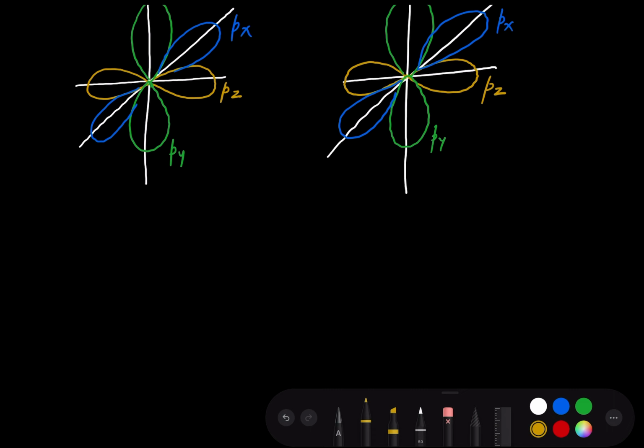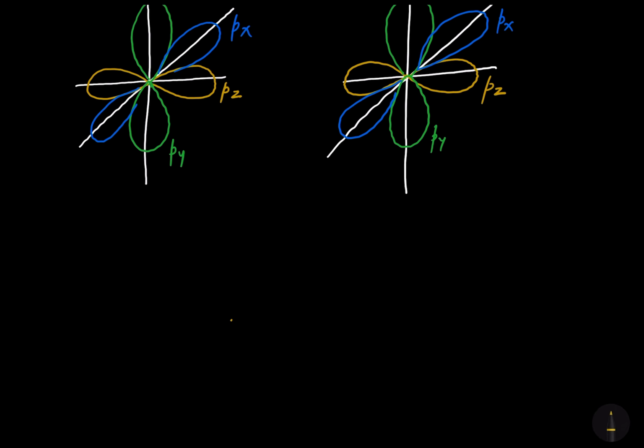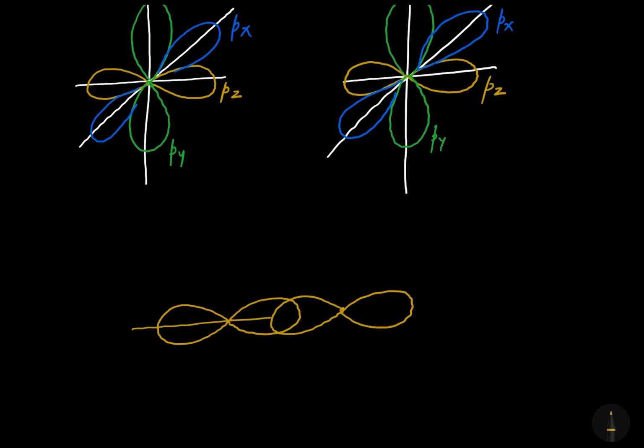Let me show you. So first of all, this is the internuclear axis and the overlapped region is on the internuclear axis.